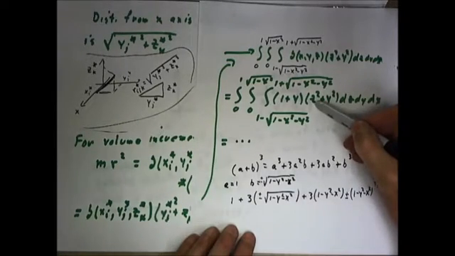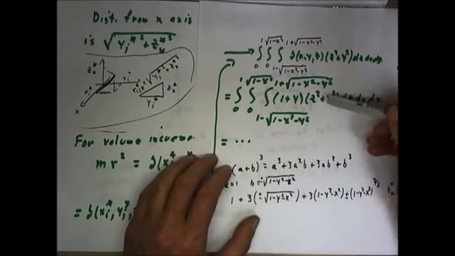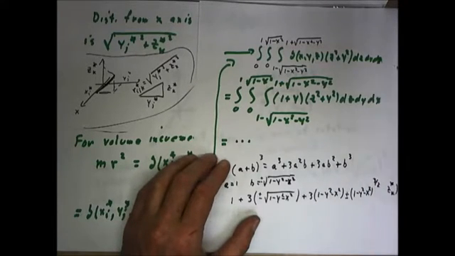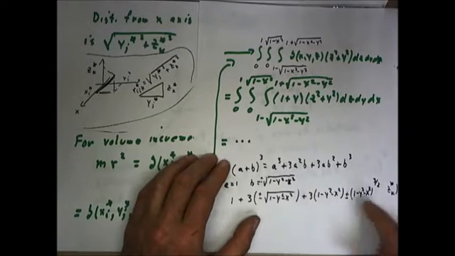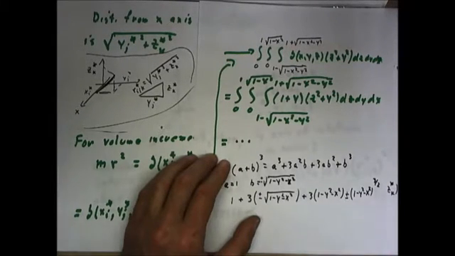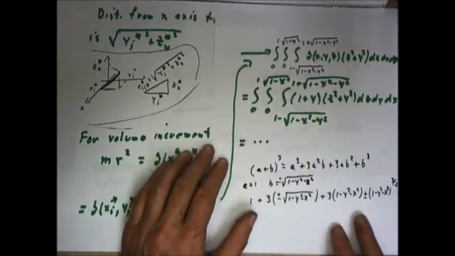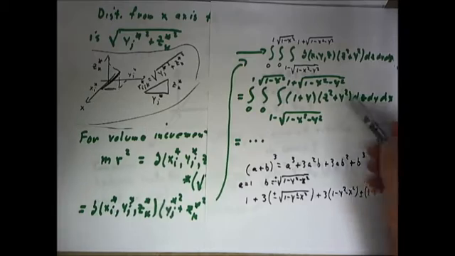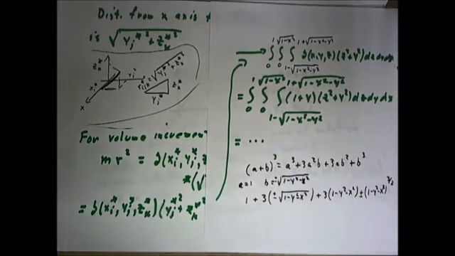So that's where we're going to be evaluating the cube of this expression. So I do recommend that you try to find time to play around with this integral, see if you can get a reasonable result.